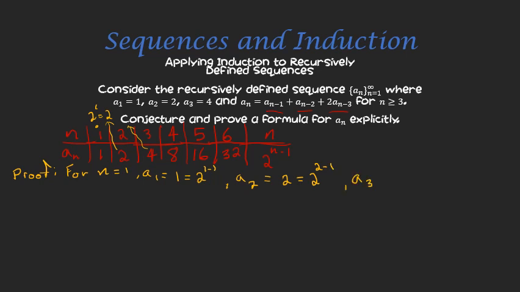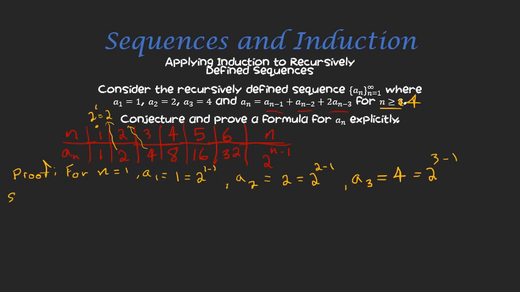Notice I'm doing a base case for each of the initial values because those don't follow the recursive definition. And in order to use the recursive definition, I'm going to need to assume n is greater than or equal to 4. So a sub 3 then is, we know it's 4, but that's the same thing as 2 to the 3 minus 1, or 2 to the 2.